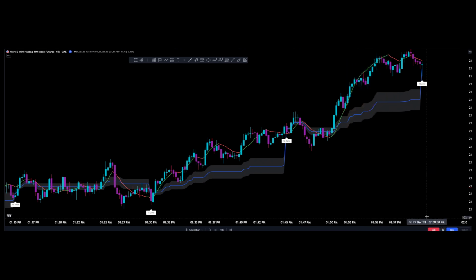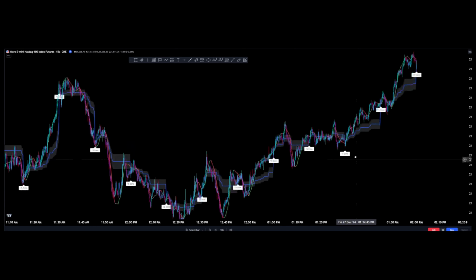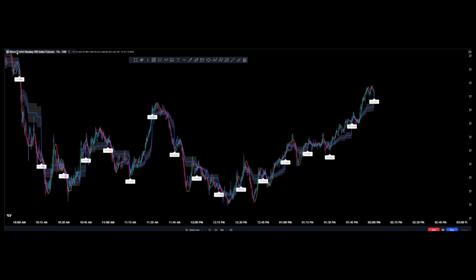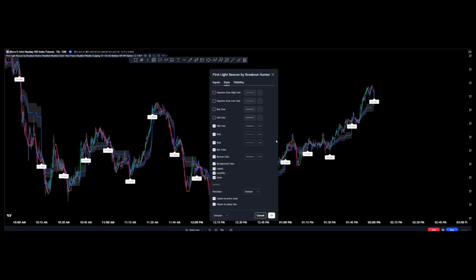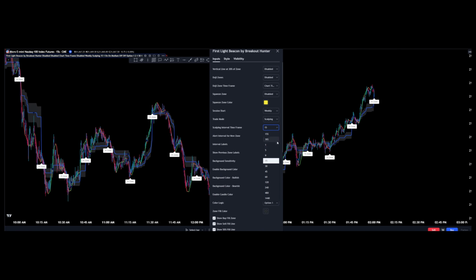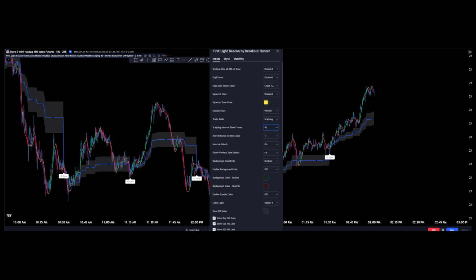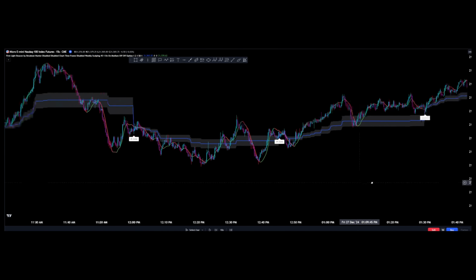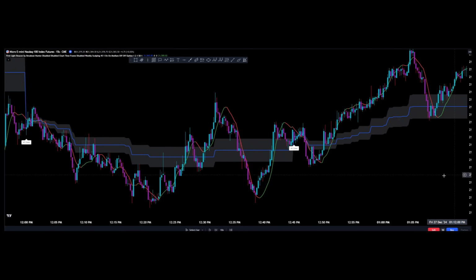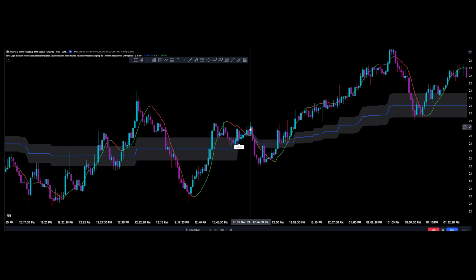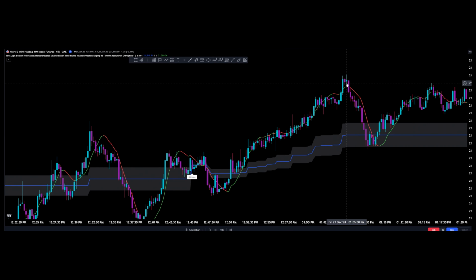Now, what's really cool about it is it's not just limited to 15-minute candles. You can go into the settings and change it to, my personal favorite, the 45-minute candles. So we're going to go right here to 45. Here's the 45-minute zones. So this right here is the wick of a 45-minute candle. The break of that, we get a little retest over here, and then it shoots up.